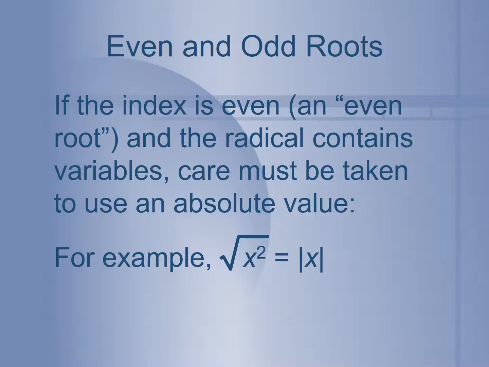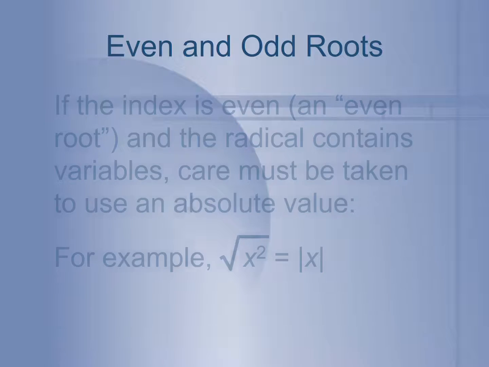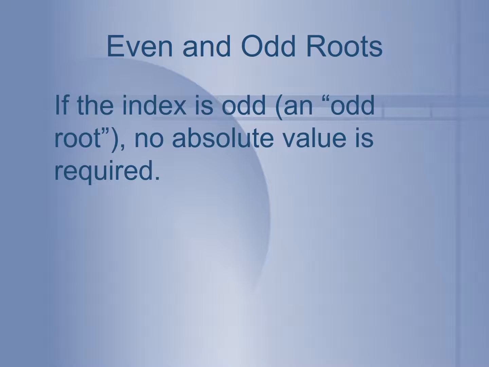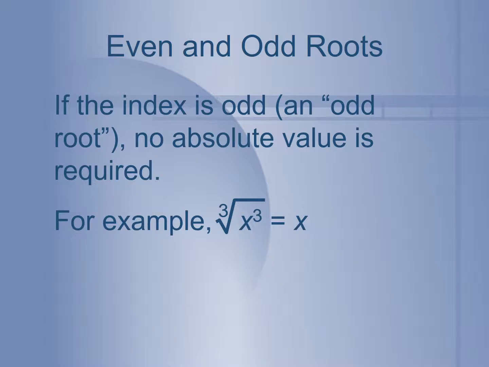For example, the square root of x squared is actually the absolute value of x. Now, if the index is odd, an odd root such as the cube root or the fifth root or the seventh root, then we don't have to use the absolute value symbol. For example, the cube root of x cubed, I can just write x.